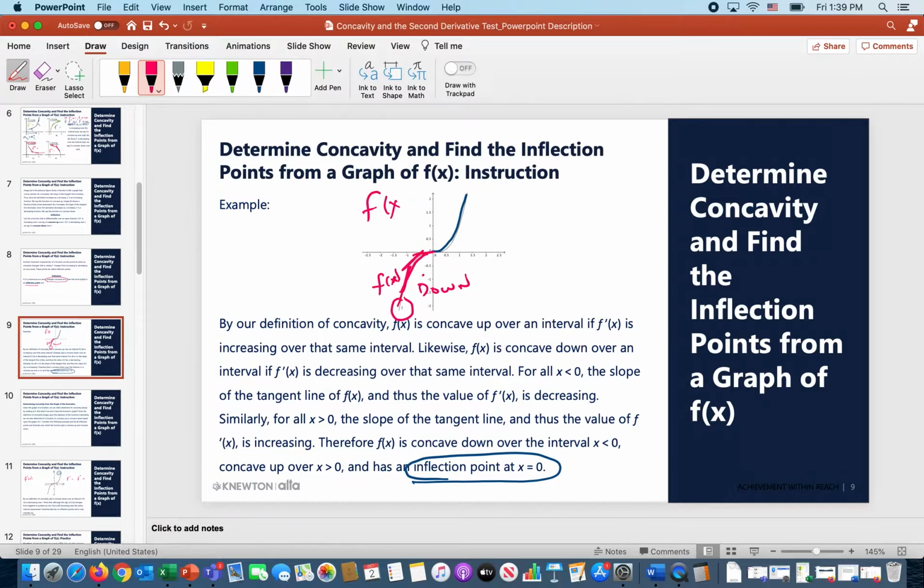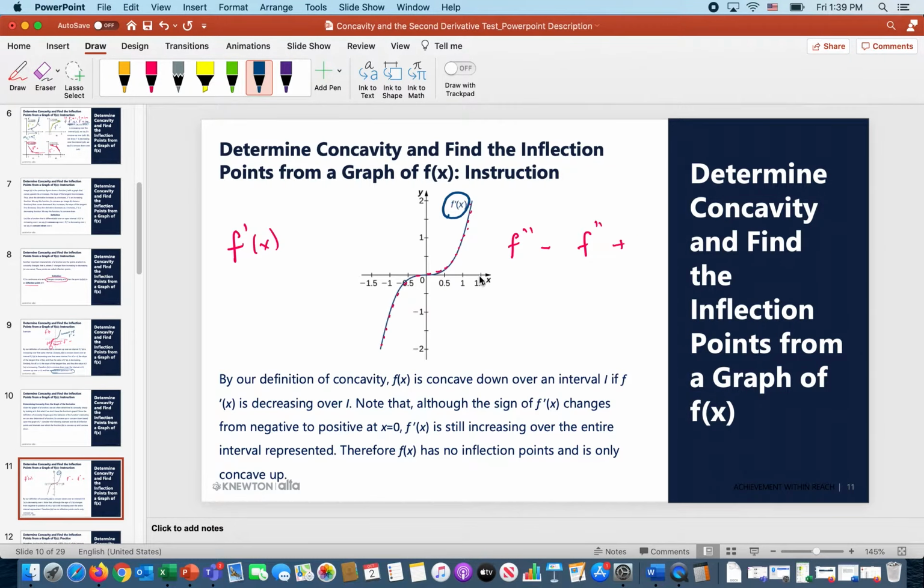In other words, this is an area where the function's concave down, and if it's concave down, that means the second derivative is negative. Here, our function's concave up, and this is a situation where the second derivative is positive, okay?